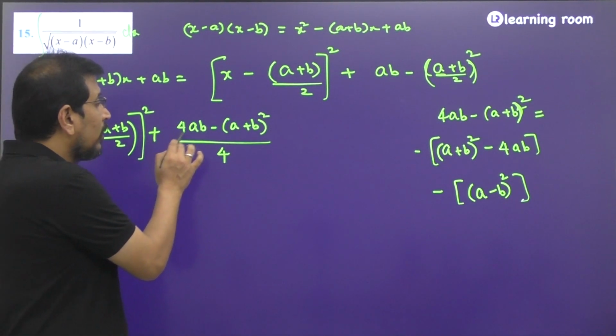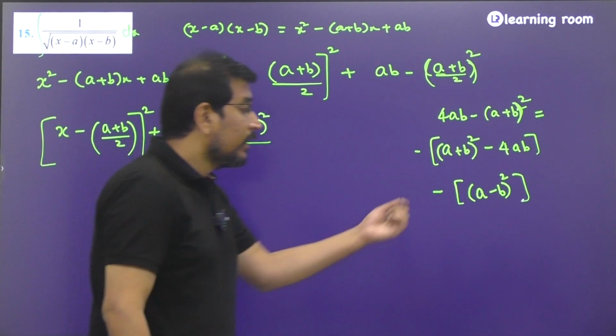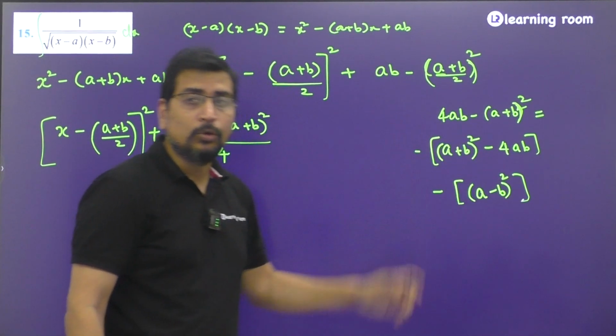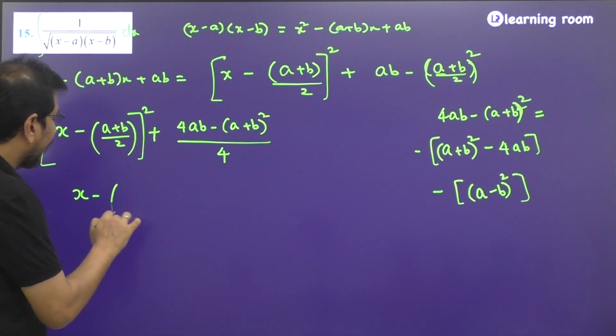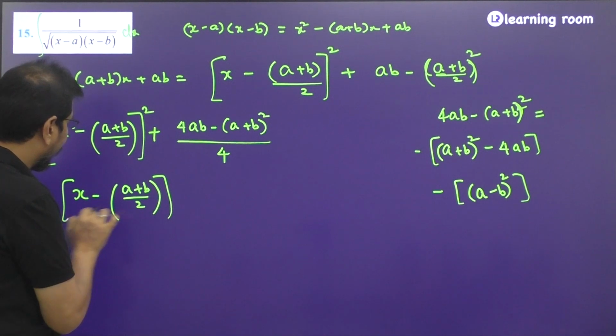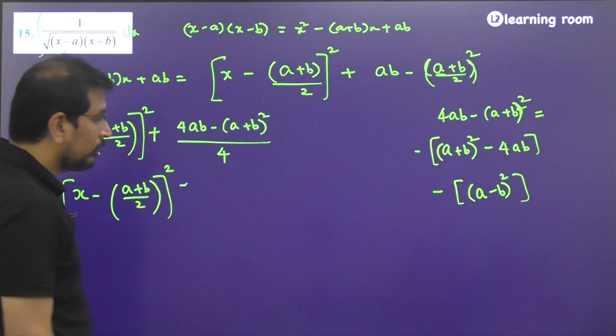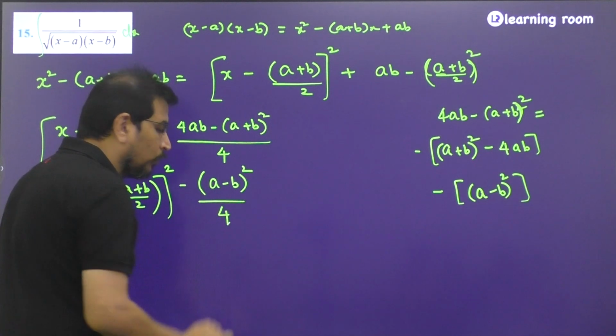So 4ab minus (a plus b) the whole square can actually be written as negative of (a minus b) the whole square. So it will be x minus (a plus b by 2) the whole square minus (a minus b) the whole square, the whole divided by 4.